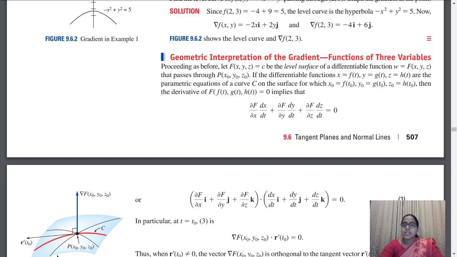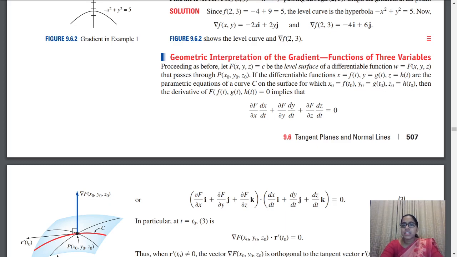Just like before, if f(x, y, z) = c is the level surface of a differentiable function w = f(x, y, z), which passes through any point P(x₀, y₀, z₀), and if we parameterize the level surface, that is, x = f(t), y = g(t), z = h(t) are the parametric equations, such that x₀ = f(t₀), y₀ = g(t₀), and z₀ = h(t₀).